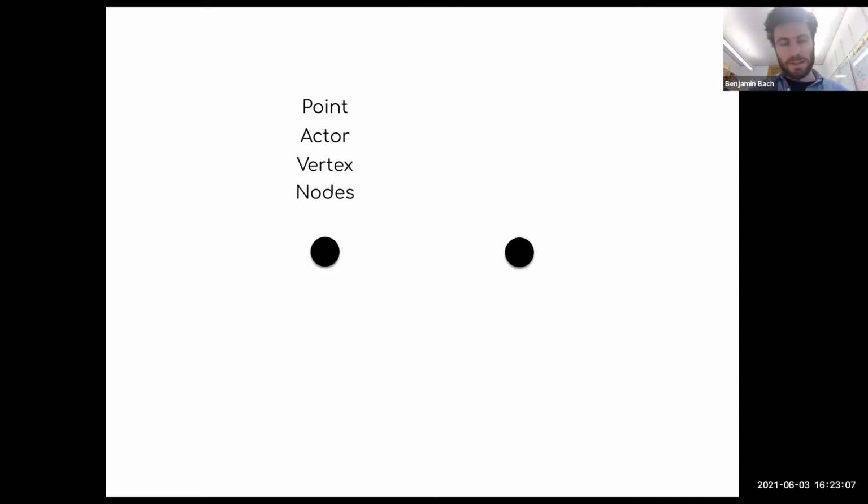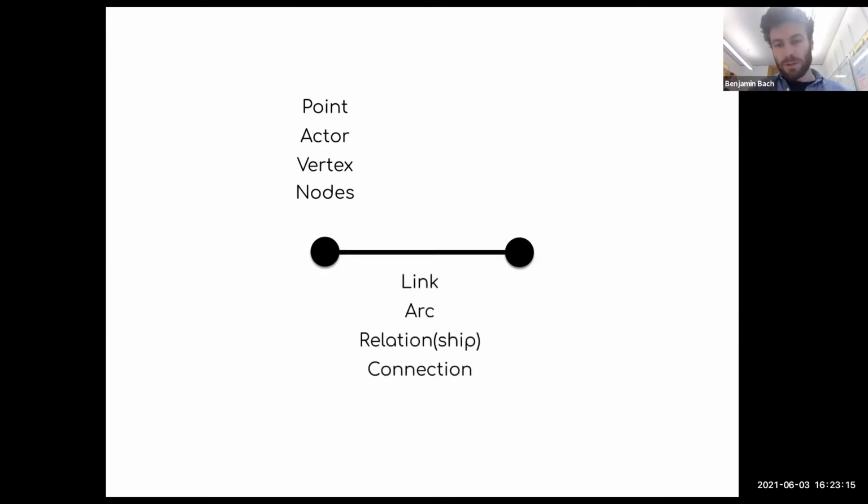In social sciences, sometimes they're called actors. You can call them whatever you want. There's a number of terminologies. And between these nodes, we usually have links, which sometimes are called arcs, relationships, connections, flows, different terminology, different semantics.